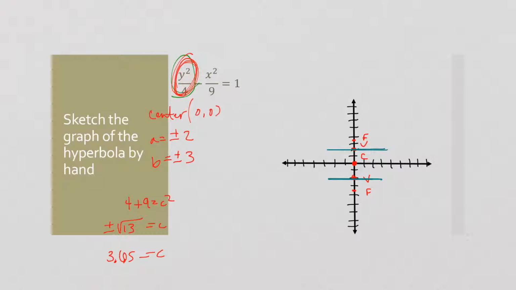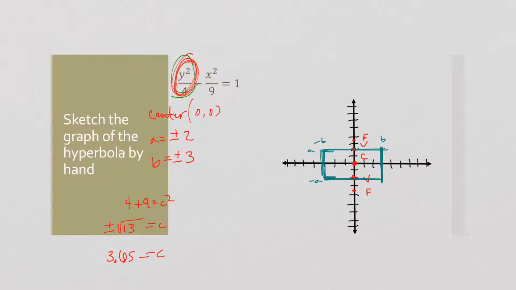And this is plus or minus A. Then I gotta figure out plus or minus B, and I'm gonna go out 3 from B. So remember, this was B, negative B, A, negative A. Okay, so I have this box.